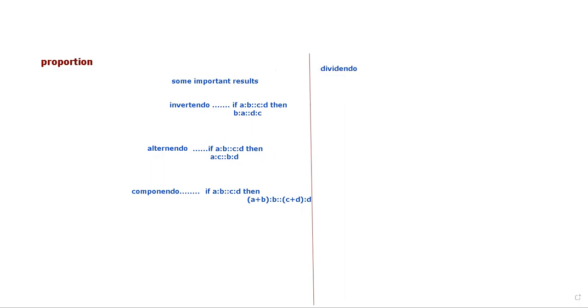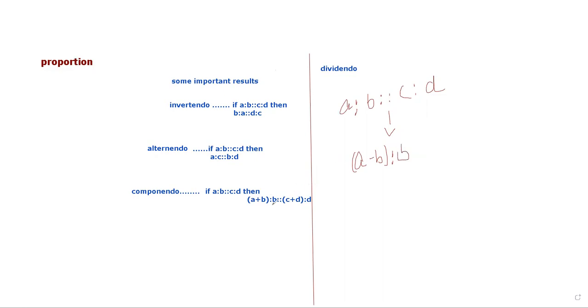For example, if you are given a ratio A is to B, proportion C is to D. Clear? If you are given this type of ratio, you can also write it as, friends, A minus B, then you will write here ratio B.